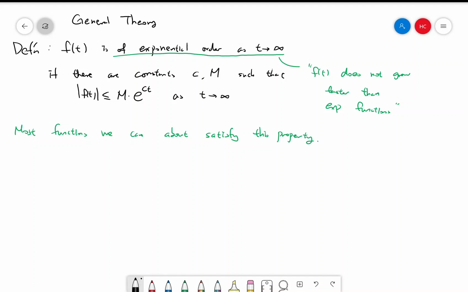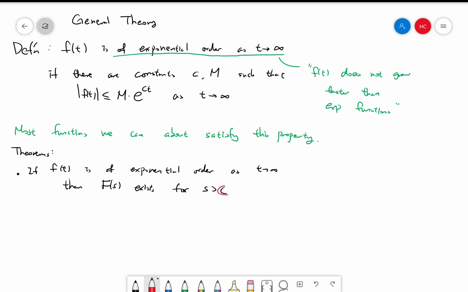Okay, so given this definition, here are some general theorems. The first one is, if f of t is of exponential order as t approaches infinity, then the Laplace transform exists for s greater than c.